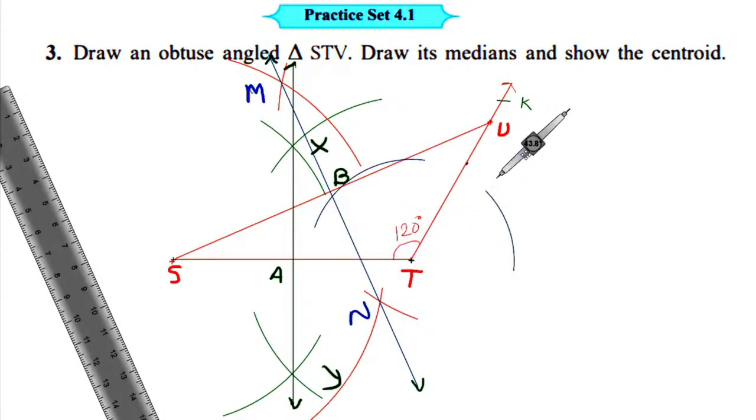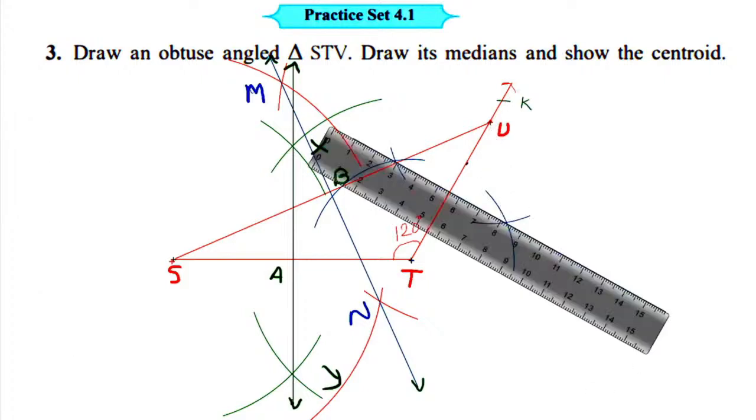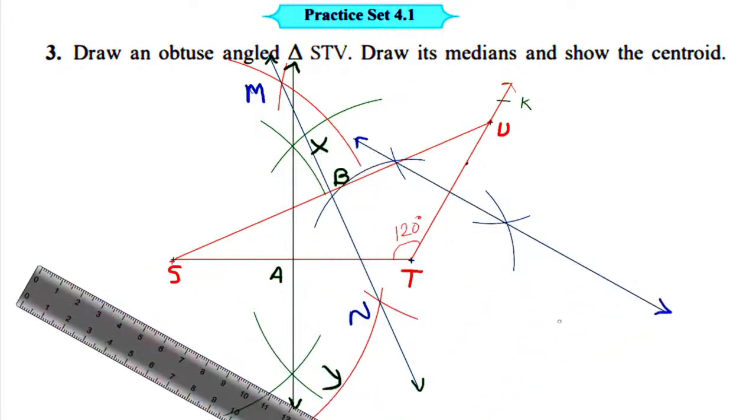Then again, put the pointed tip on point U, keeping the same distance of the compass, and draw an arc intersecting the first arc. Give the name to the line. This one is line EF. Line EF intersects side TU. Give the name to this point. This one is point C. Therefore, point C is the midpoint of side TU.